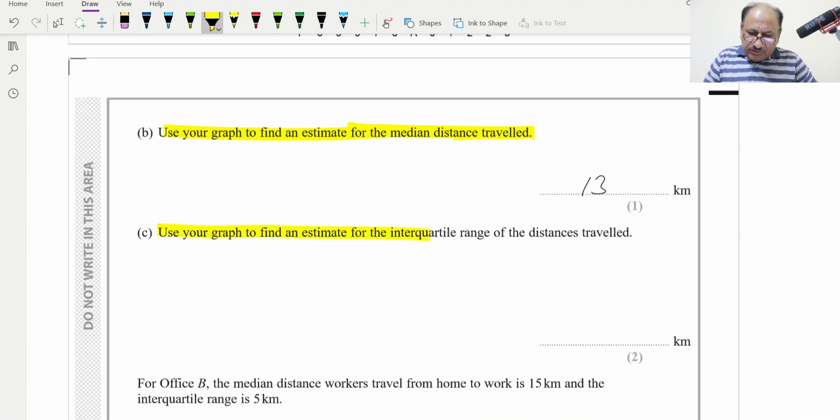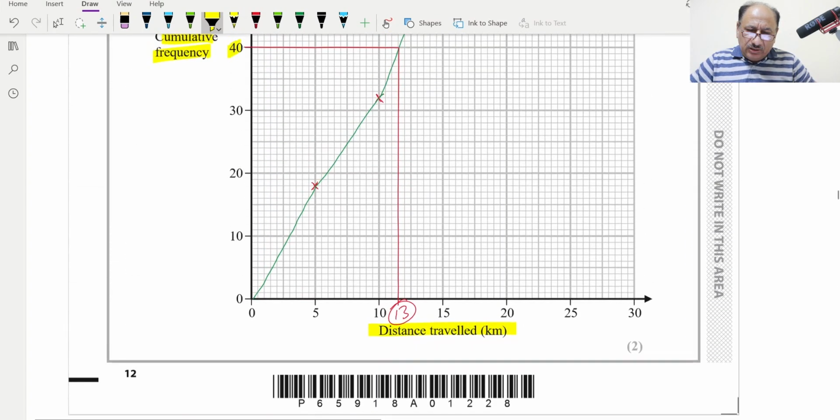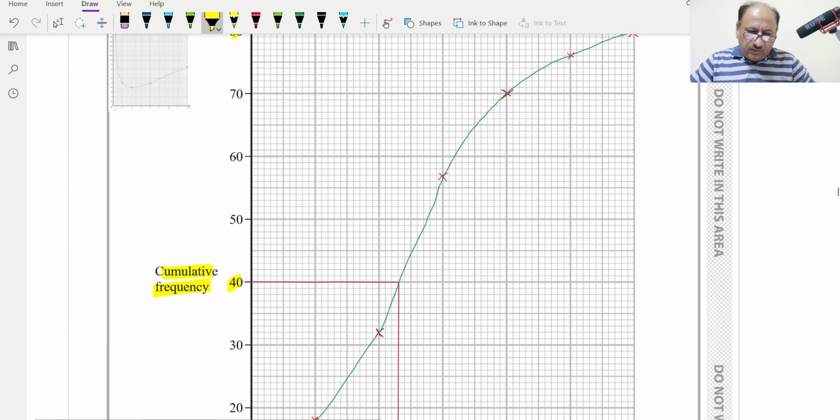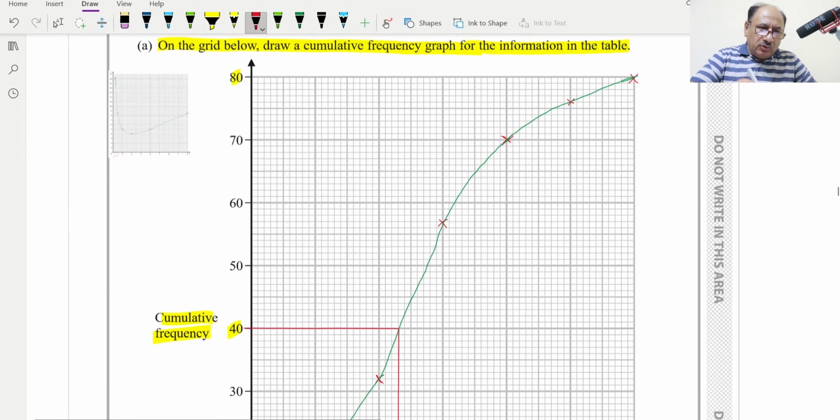Then use your graph to find the estimate for the interquartile range of the distances traveled. So interquartile range will be upper quartile minus lower quartile. Upper quartile will be the 75th percentile.